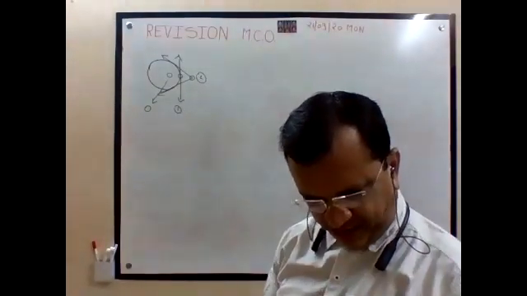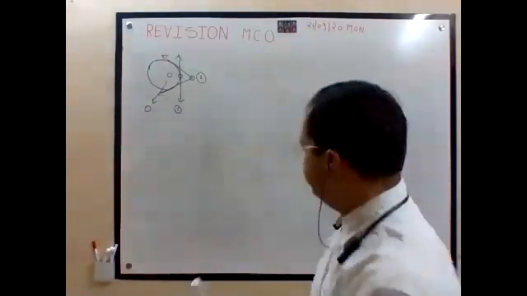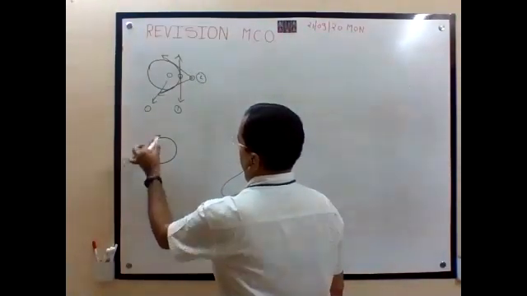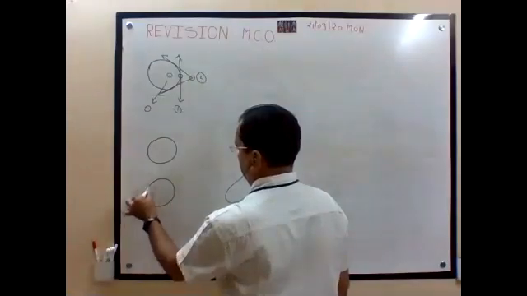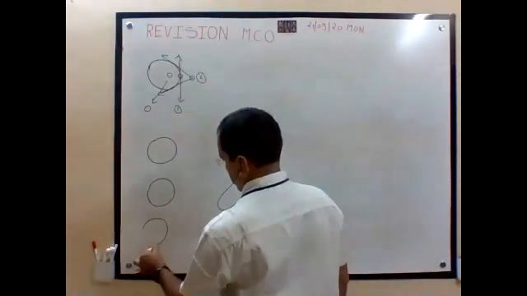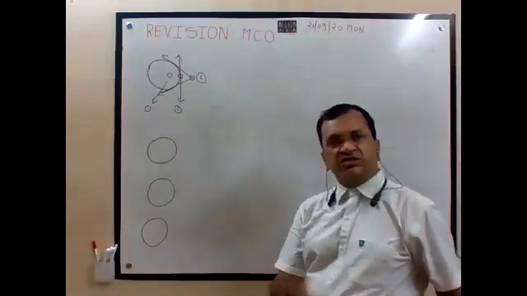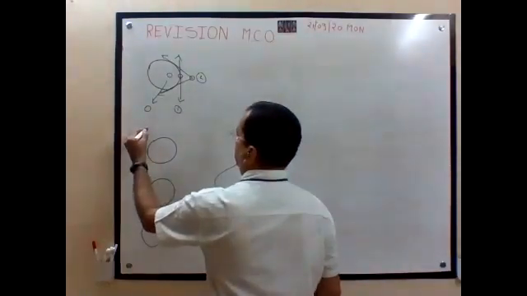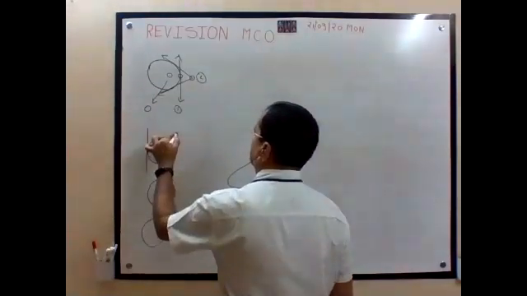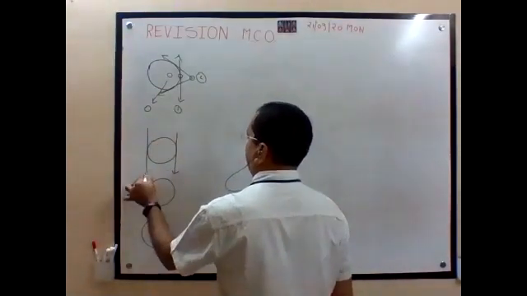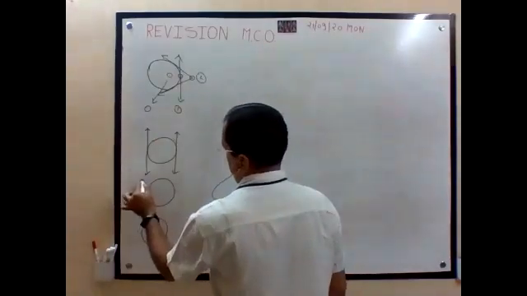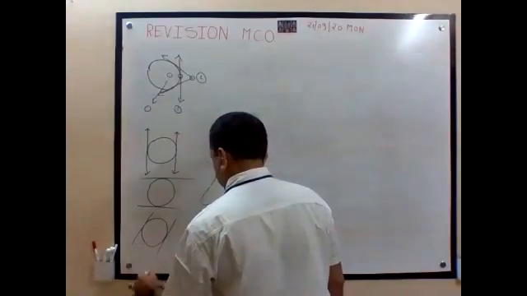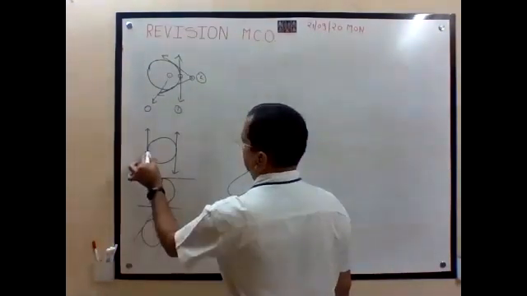The distance between two parallel tangents of a circle. Suppose I draw this tangent and this. These are parallel. These are also parallel. Distance means this, distance means this.